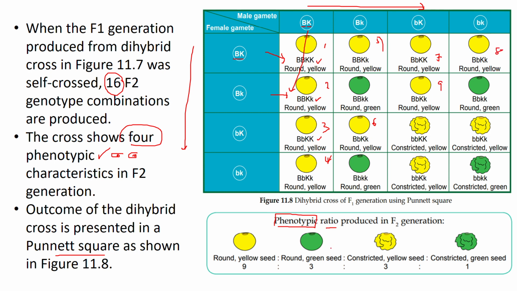The second is round green seed, 3 of them. 1, 2, 3. These are all ratios, probability. And the third is constricted yellow seed. This we can see here, 1, 2, and 3. And we have the smallest probability of having constricted green seed, and that is homozygous recessive.